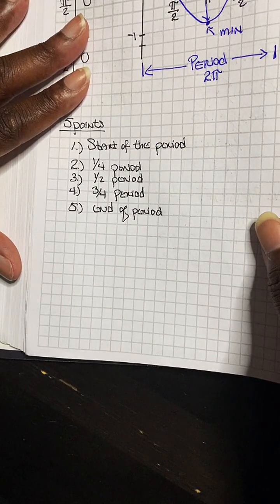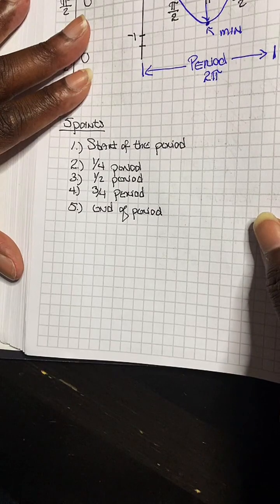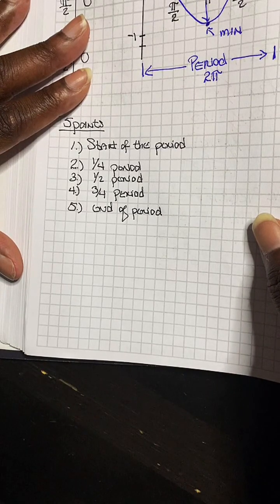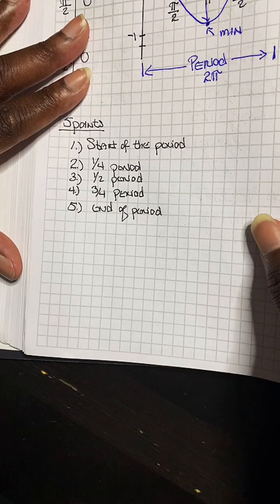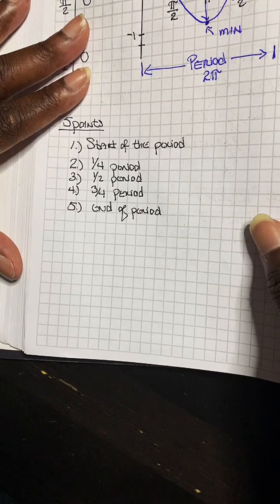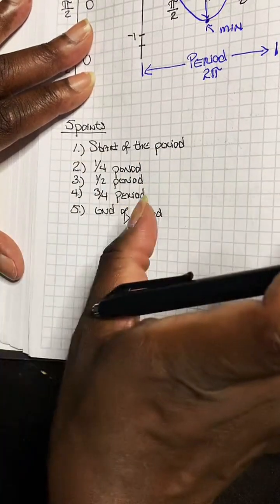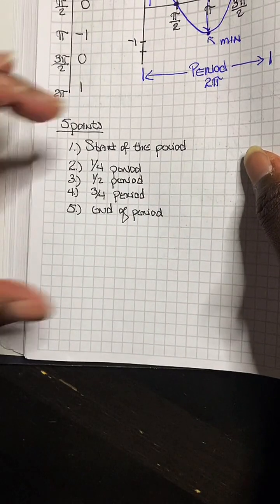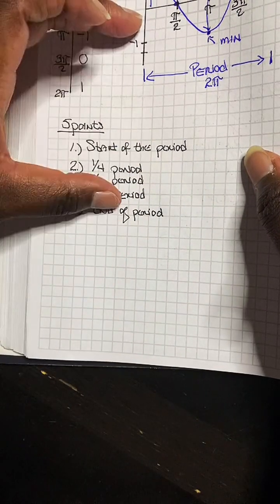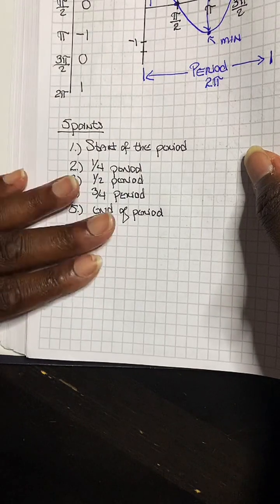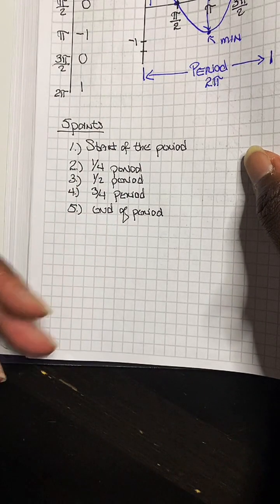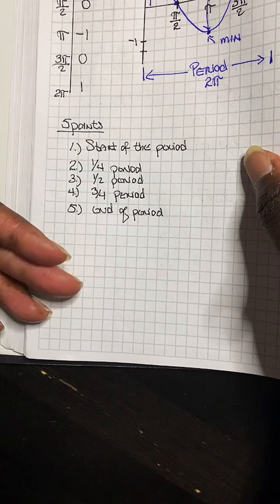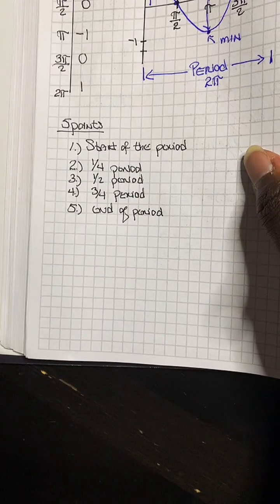Sometimes they may give you a graph and they want you to pull the equation from it, or they'll give you the equation and ask certain things like, what would be the period? What's the amplitude? Is there a phase shift, meaning, is it shifted left or right? Or is it a vertical shift, meaning, does it shift up or down?